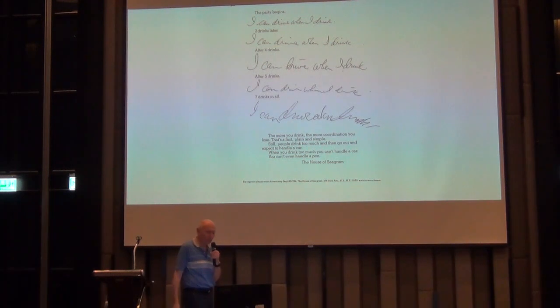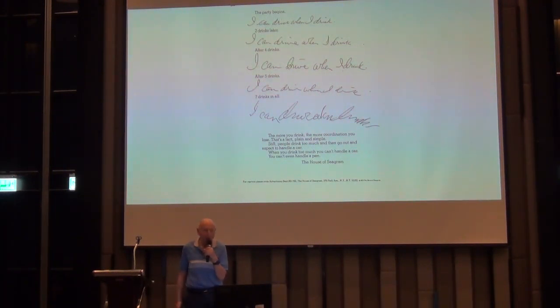Okay, I'm going to prove to you what alcohol does to your writing. The first line, the party begins, the writing is legible. After the second or third drink, the writing starts to wobble a bit. About seven drinks, the writing deteriorates to such a stage where it's illegible.